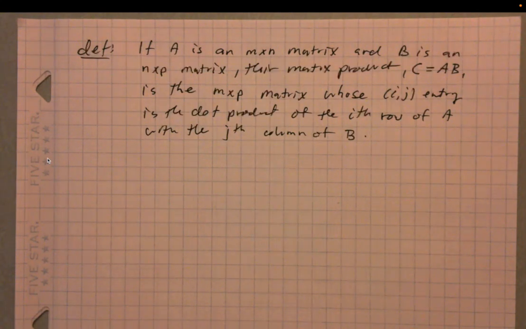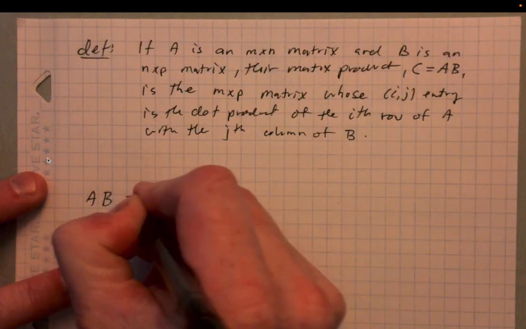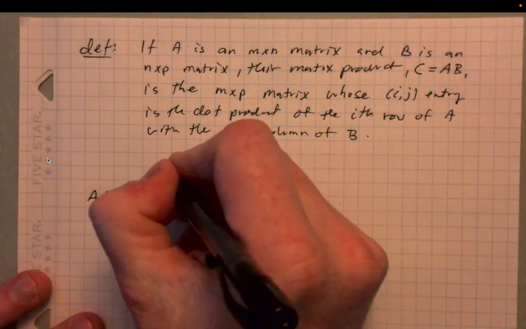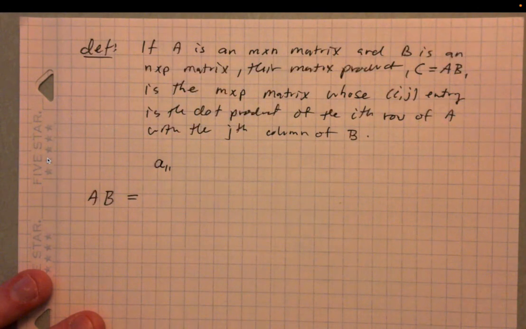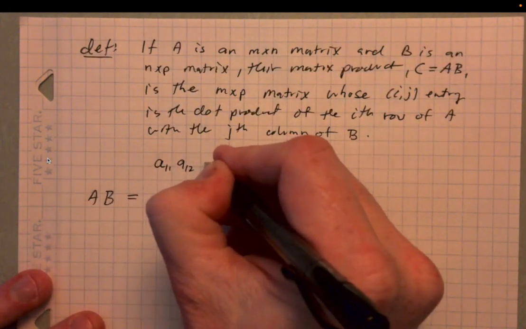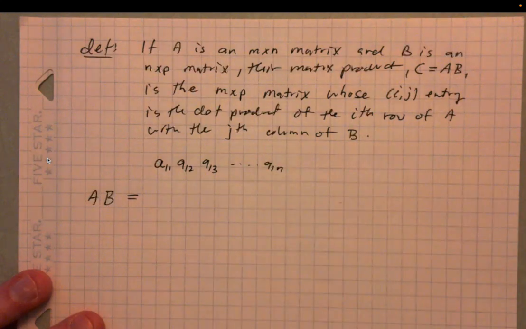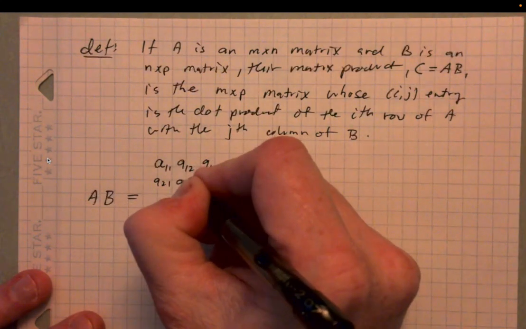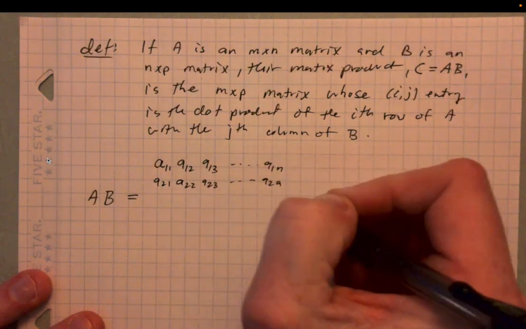Okay, let's draw a picture. I'm going to do a little A times B here. Bear with me, this will take a second to write out. A is going to be the matrix A11, A12, A13, dot dot dot, A1n. Then a couple of rows: A21, A22, A23, dot dot dot, A2n.